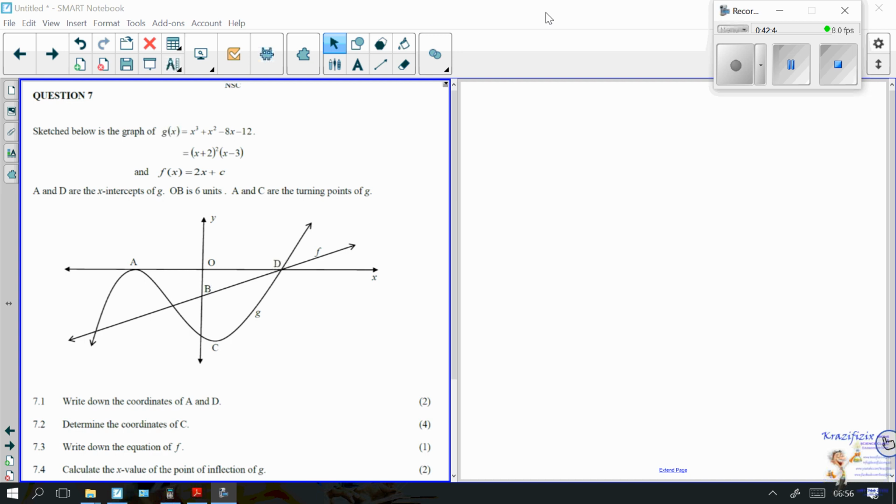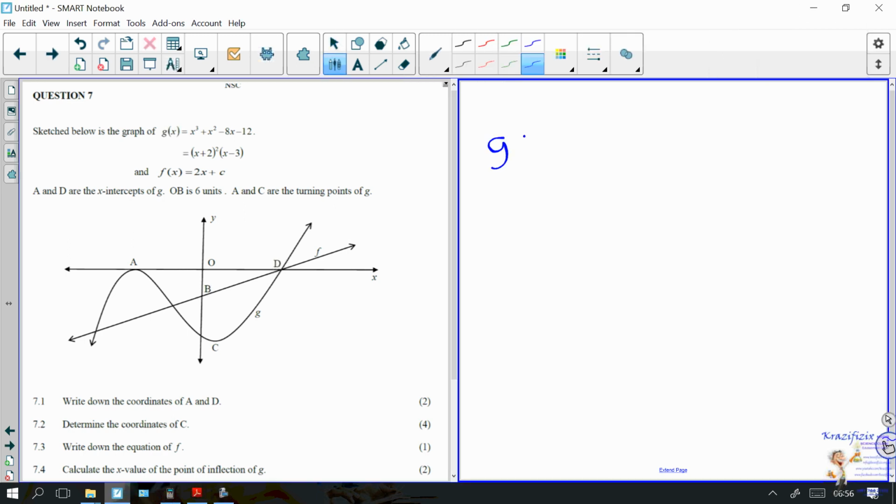The first question says write down the coordinates of A and D. Now this is very, very straightforward because the examiner actually already helped us a lot here by rewriting this function as g of x is (x plus 2) squared times (x minus 3).